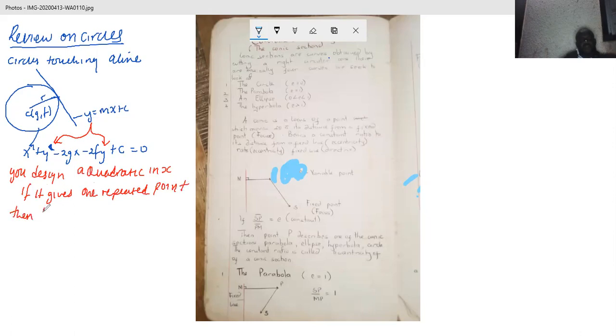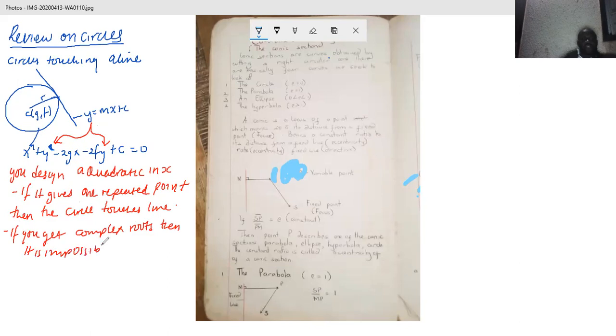then the circle touches the line. If you get a complex number, get complex roots, then it is impossible for the circle to touch the line.